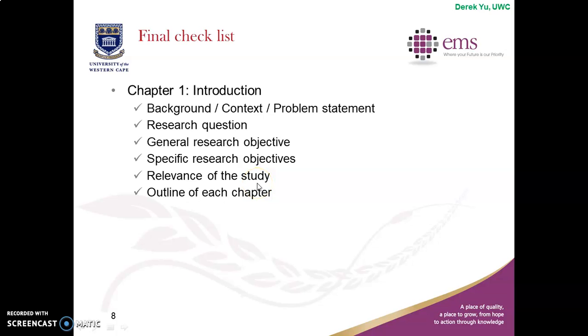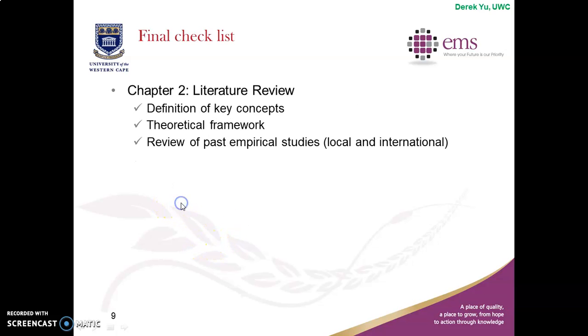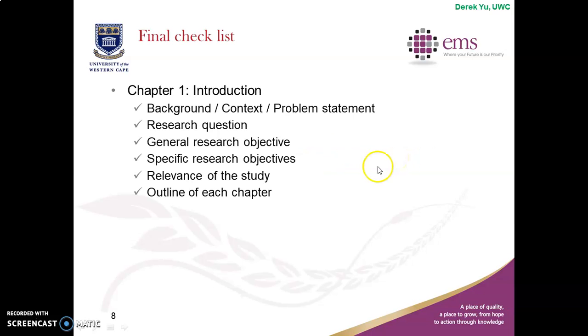Relevance of the study. Why do you think your study is important? Okay, why is it relevant? Especially in the South African economic context, and then the outline of each chapter. Chapter 2 literature review. Remember, I've mentioned time and time again the three key areas of chapter 2 would be defining key concepts, theories, review of past empirical studies, maybe local and international, depending on your topic actually.